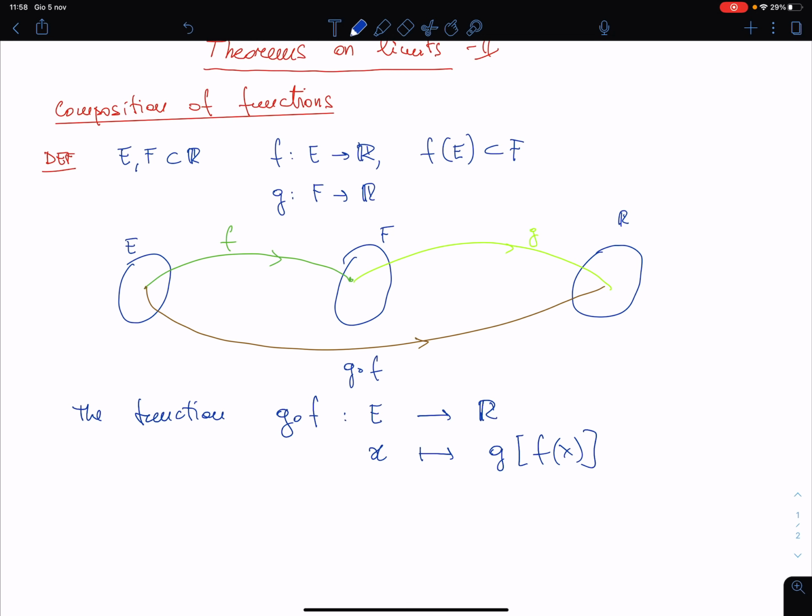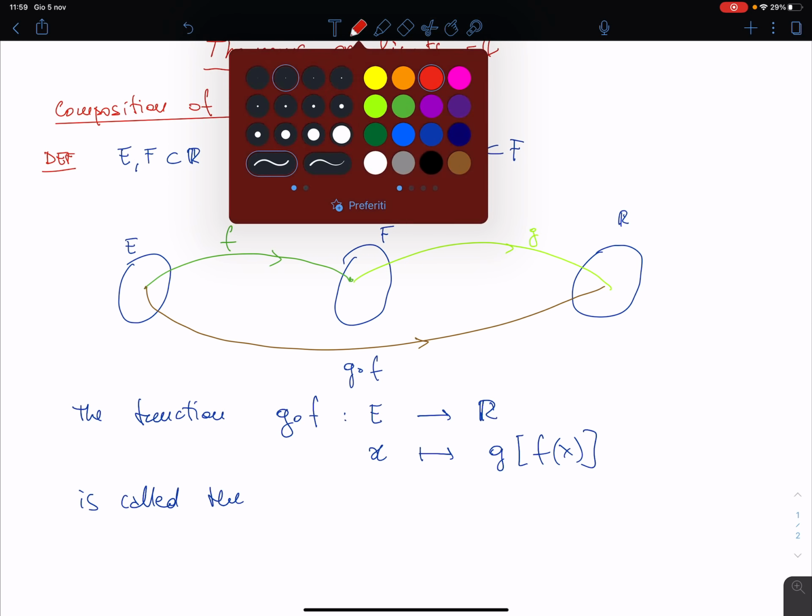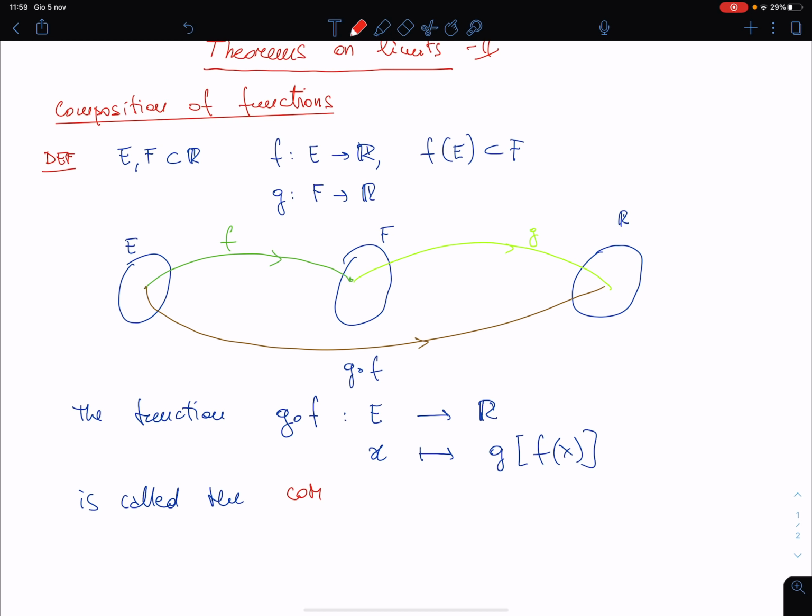Okay, this is the definition, and this is called the composition of the two functions f and g.